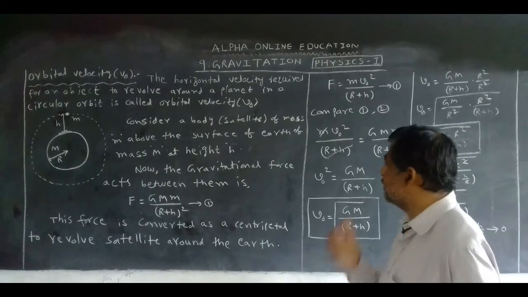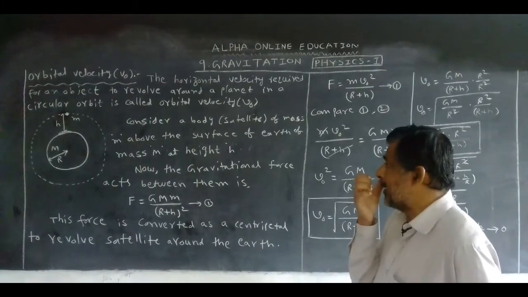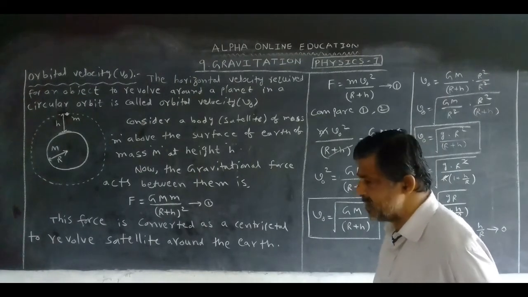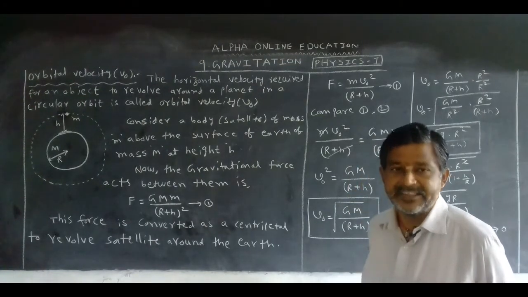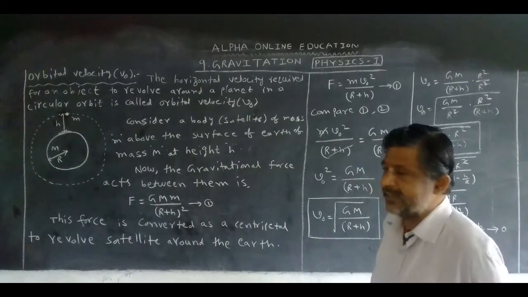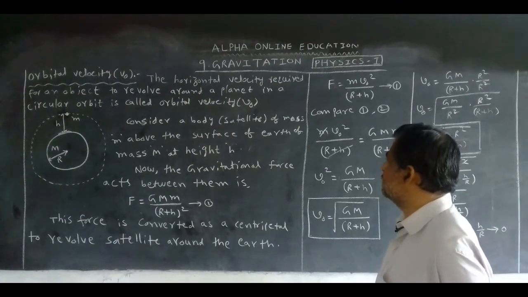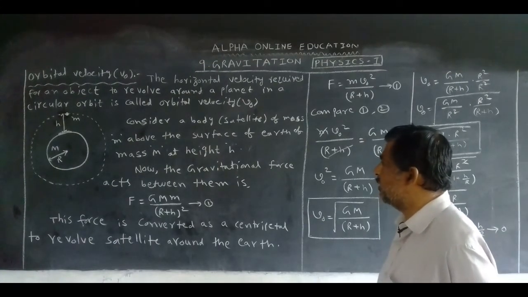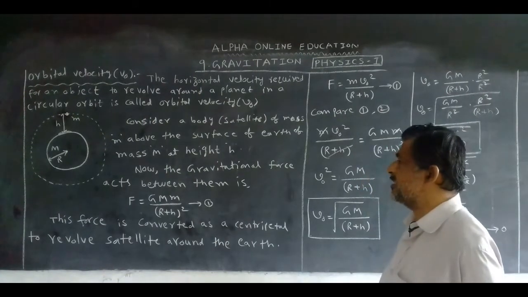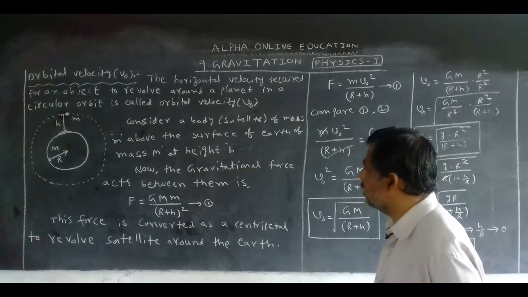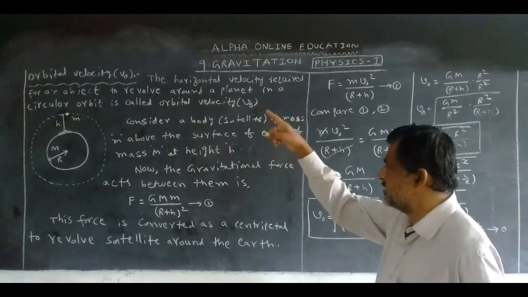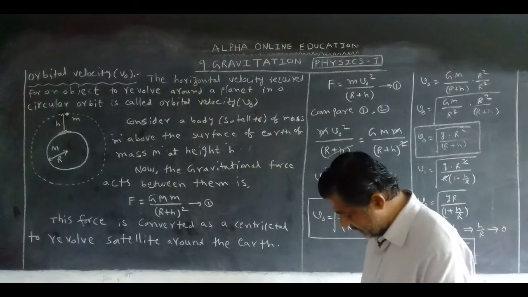Here the object may be a satellite. If we take the horizontal velocity required for an object to revolve around the sun in a circular orbit, it is called orbital velocity also.